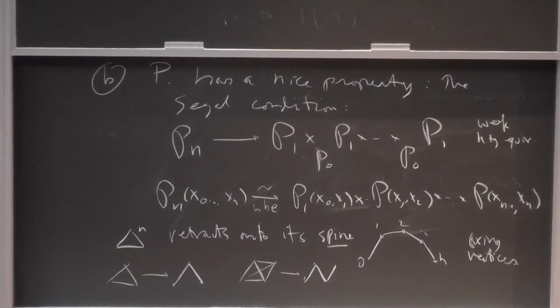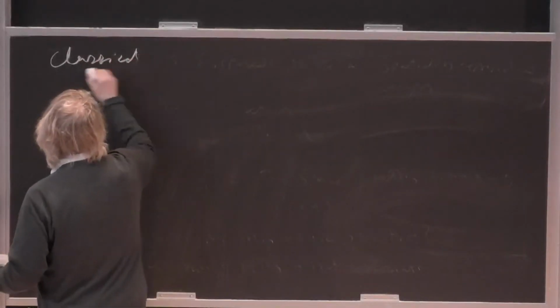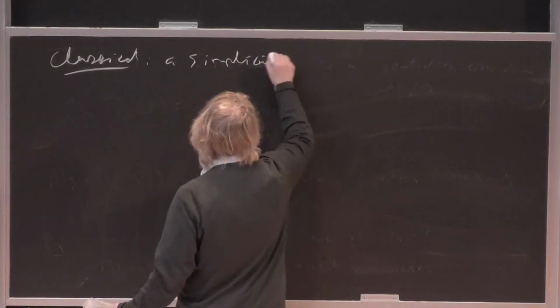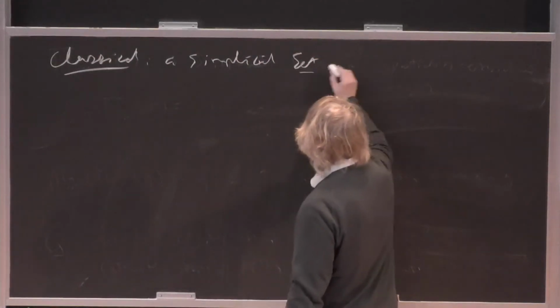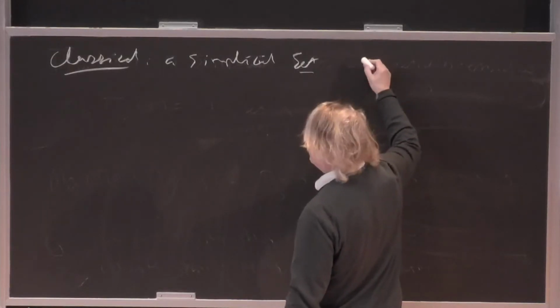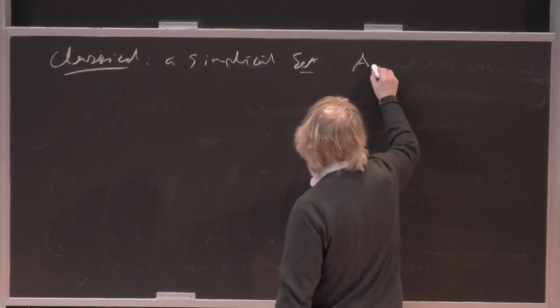And let's comment that this is really a generalization of the classical characterization of the nerve of a category. A simplicial set, let's call this maybe A dot or something like that.